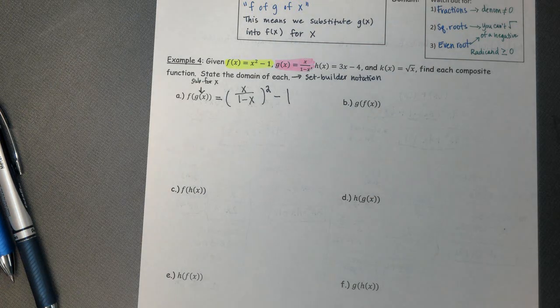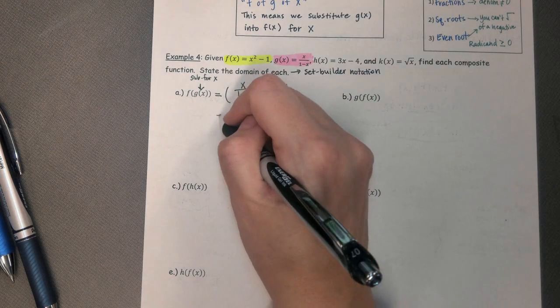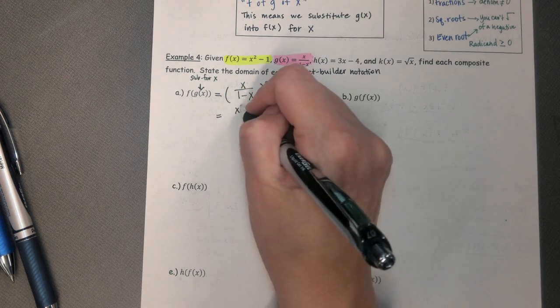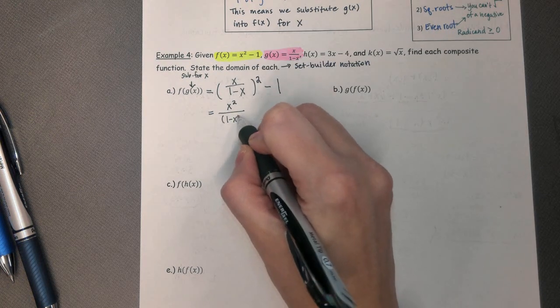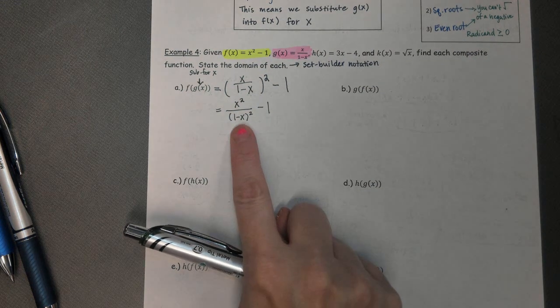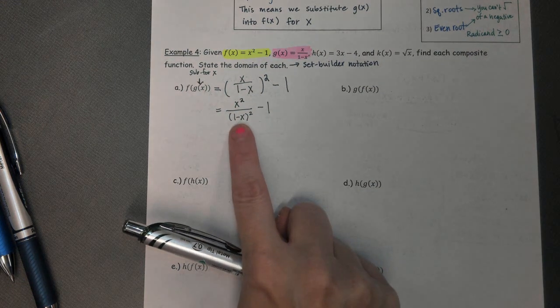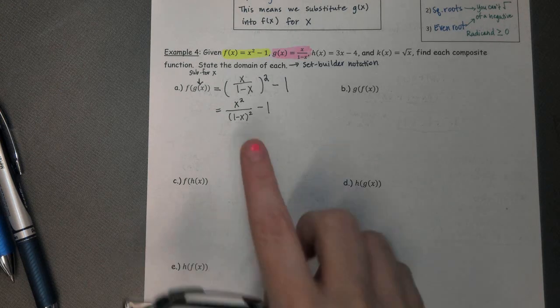All right, so when you simplify, if you have a fraction and it's squared, you just square the top, which is x squared, and then you square the bottom. And then anytime you have something to an exponent, you do have to make sure that you simplify that out. So remember, you don't distribute, you FOIL.